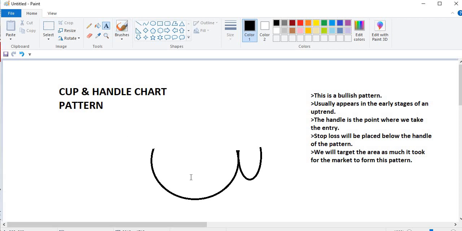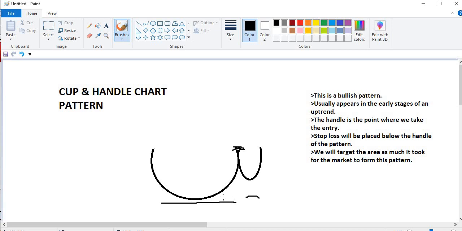So this is how the market will turn in a round shape and form a pattern such as the cup, and then it will go up and form a high at this level, and then it will form the handle of the pattern, which completes the pattern.